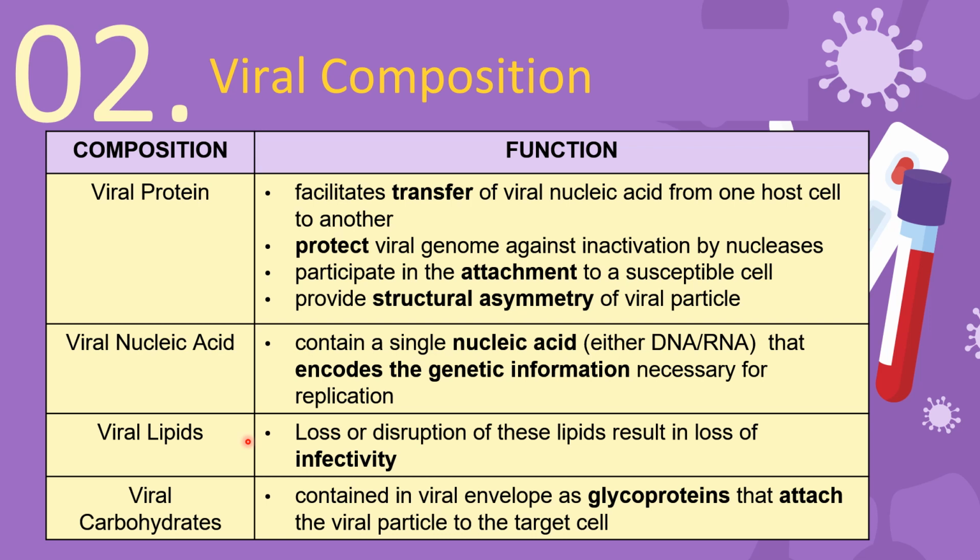And lastly, the viral carbohydrates appear in the viral envelope in the form of glycoproteins that are responsible for the attachment of viral particles to the target cells in the host. But nevertheless, not all viruses have these glycoproteins.